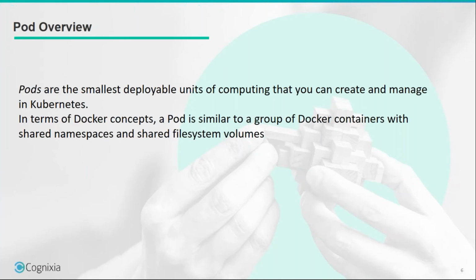Containers are basically used to manage your application. And to manage the containers we use Kubernetes, and in Kubernetes we have the concept of a pod, which is the smallest deployable unit which can have one or more than one container.